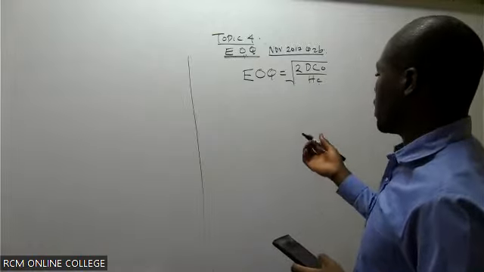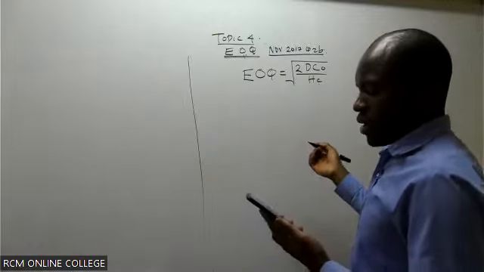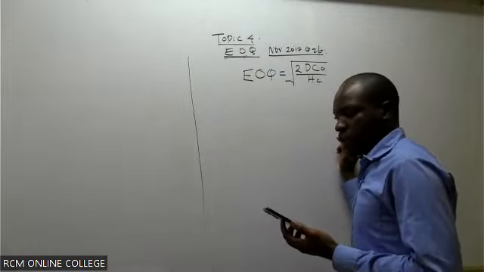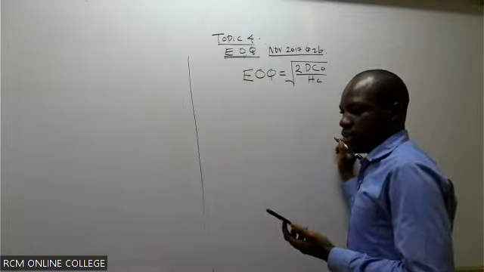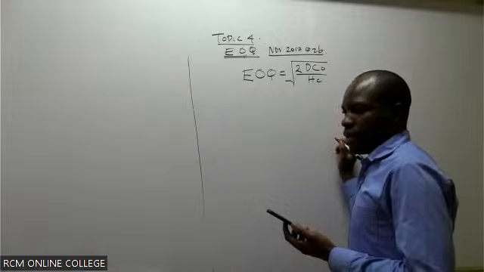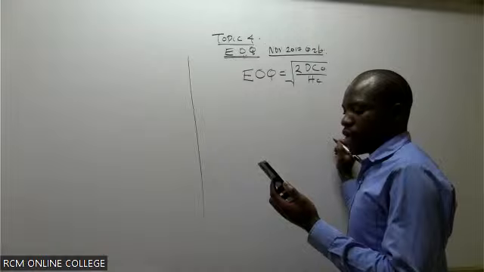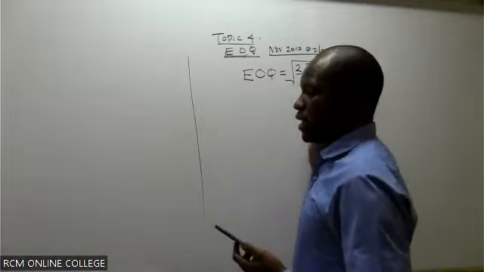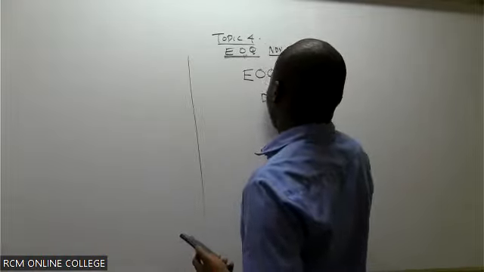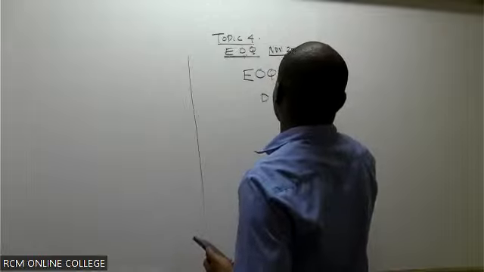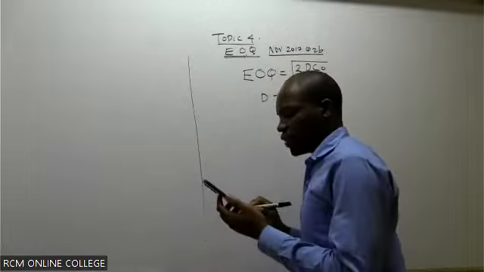Can someone tell us what that represents? Annual consumption, what does it represent? Annual consumption of this particular product is equivalent to 200,000 units. So basically that is demand. So demand is 200,000.